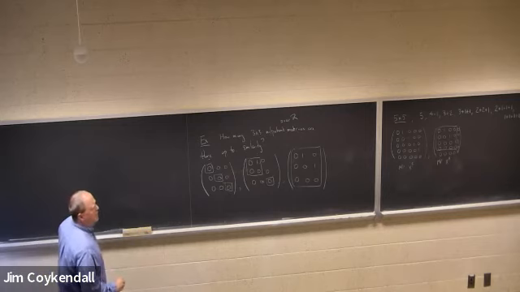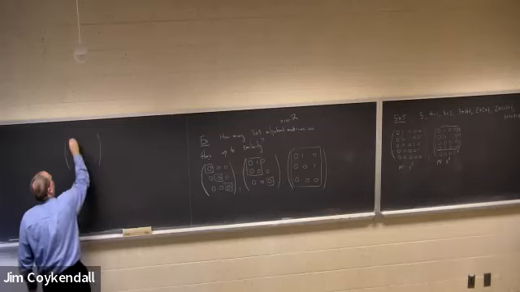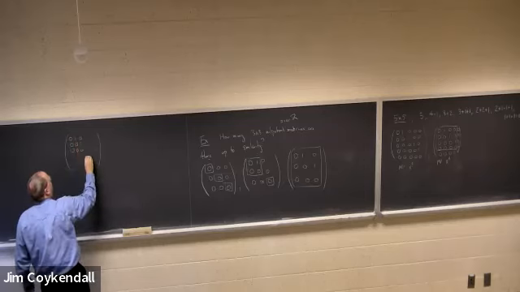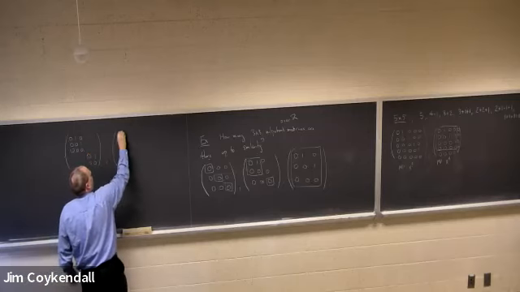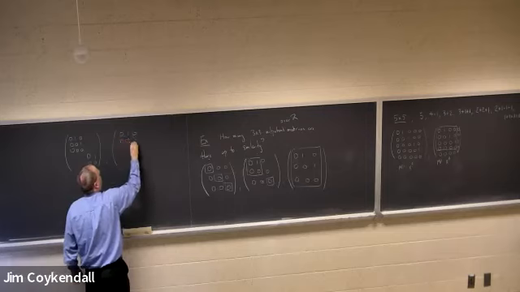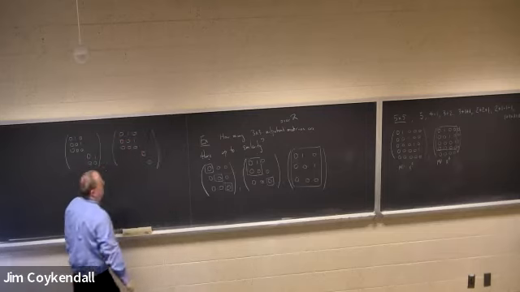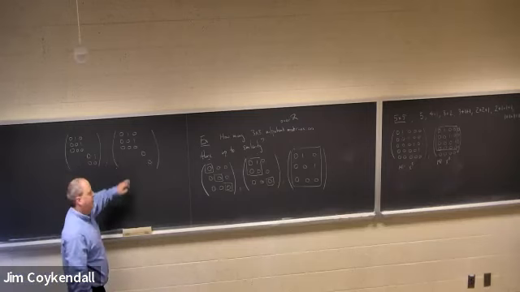Well, the next ones, we have a 3 and a 2, and I'll just write the blocks here. I won't fill in the whole matrix. This is the 3 plus 2, and this is the 3 plus 1 plus 1.